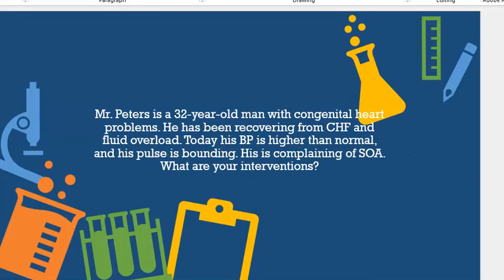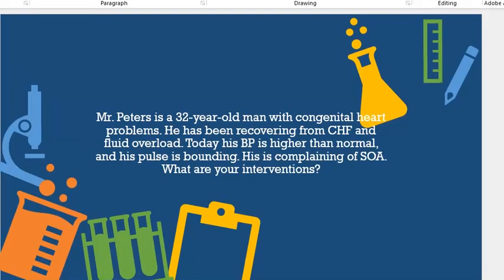Here's another case study. Go ahead and pause and see if you can answer this. So the one intervention that you could do is put the patient in a semi-Fowler's position to assist with their breathing. You also want to ask questions like, when did your symptoms begin?